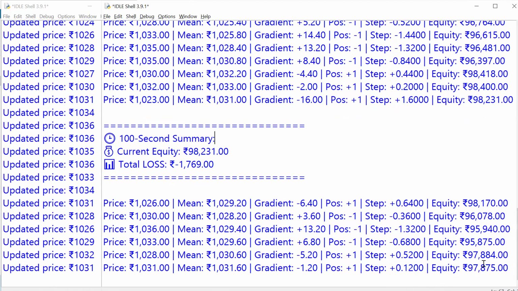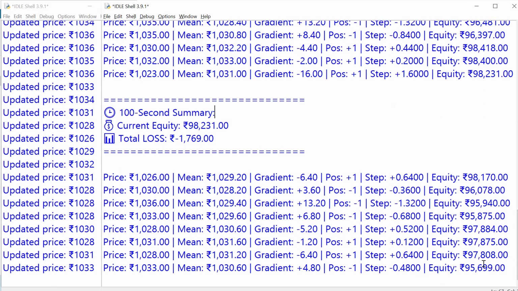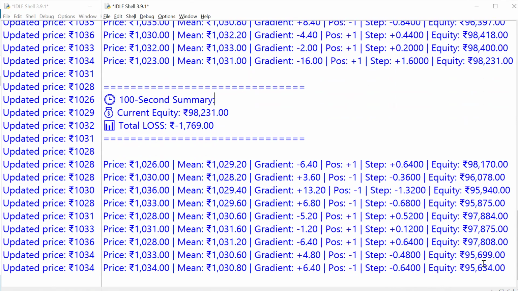I have backtested it for almost 375 minutes a day, 2 to 3 days continuously, and it has shown a profit at the end for sure. So the logic is you need to run it continuously for a complete trading session. Then with complete backtesting over multiple days, it works.